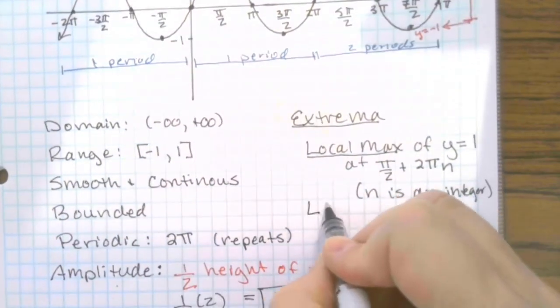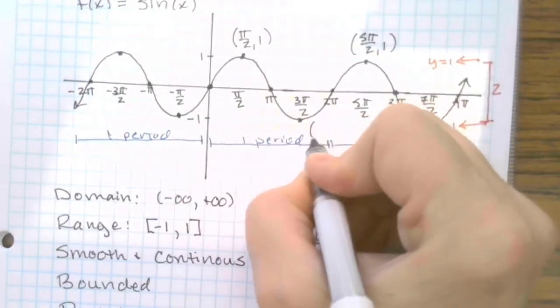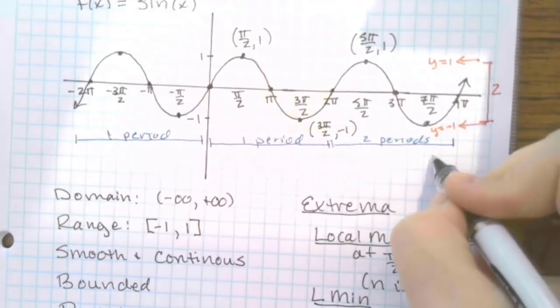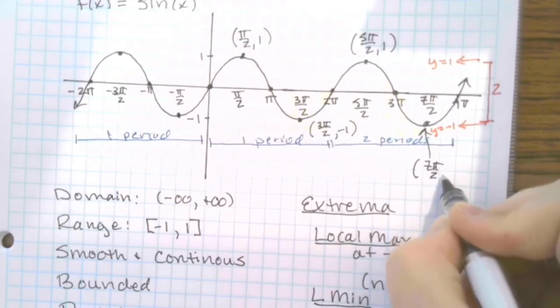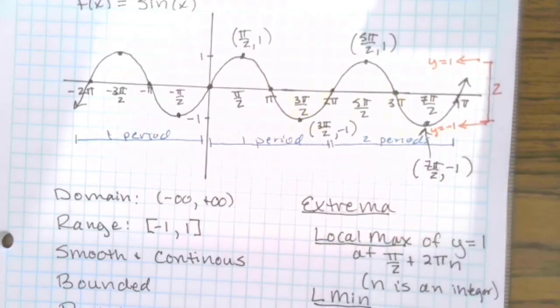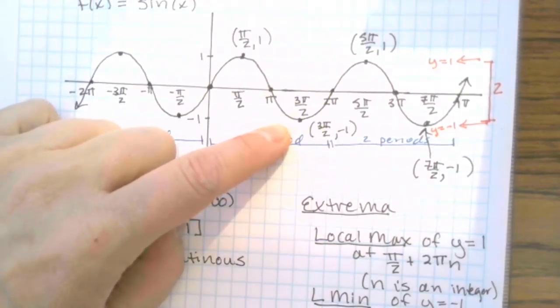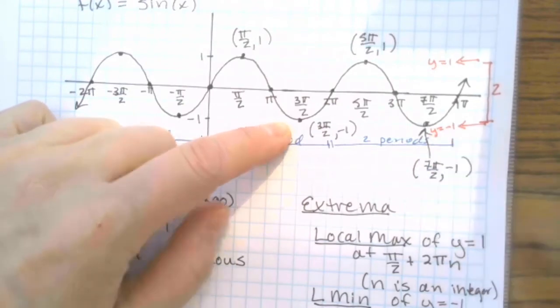Okay, so for local minimum, we have a minimum here at 3 pi over 2 comma -1, but then we have another minimum right there at 7 pi over 2 comma -1. So it's a local minimum of y equals -1 at x equals, and then you name the first one, which is 3 pi over 2 plus, and it goes from tip to tip, that's 1 period. 1 period is 2 pi.